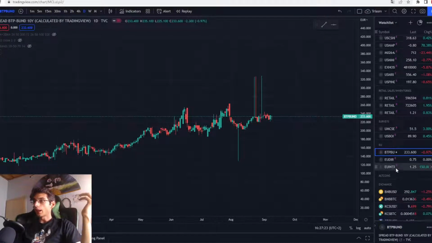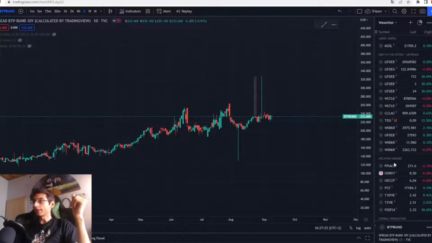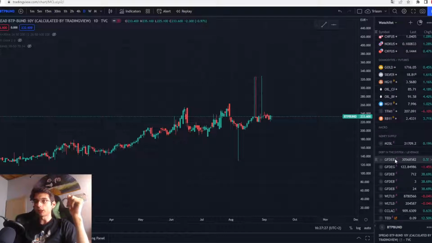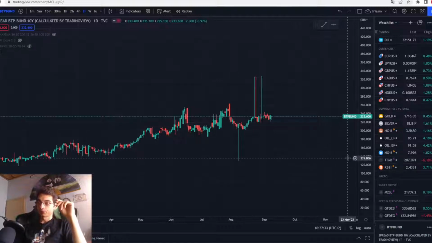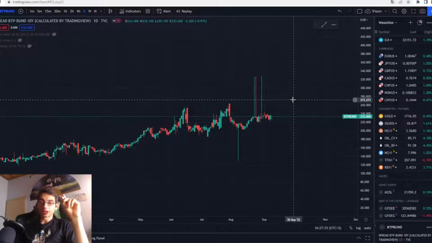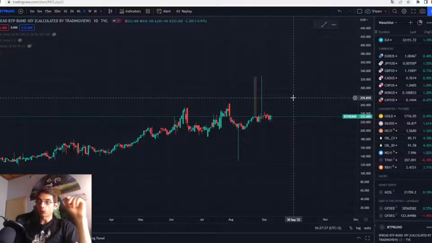That is how it works, and so we'll see how it goes. But in the next few months, in my opinion, we are not in the position where we are going to experience a bull market or a bull rally.